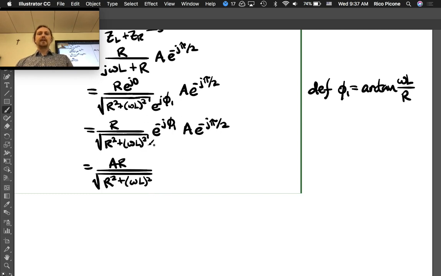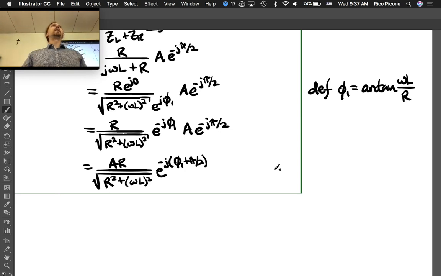So that's the magnitude. And then our phase is e, and then we just add these two phases, right? E to the, you could say, minus j phi1 plus pi over 2. Awesome.